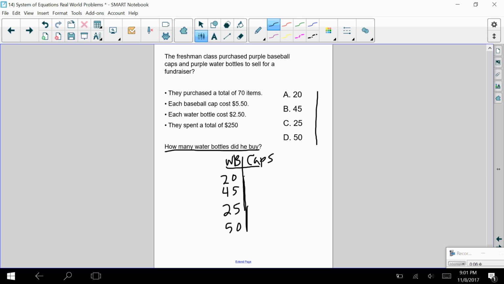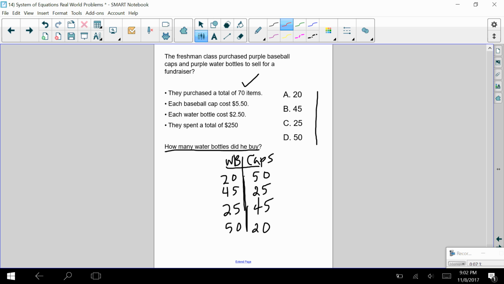Okay. Well, how many total items did they buy? 70. So 20 plus what is going to give me 70? 20 plus 50. 45 plus what? If you can't do that in your mind, that's okay. Take the 70, subtract 45, and what do you get? 25. 70 minus 25 gives me 45, and 70 minus 50 gives me 20.